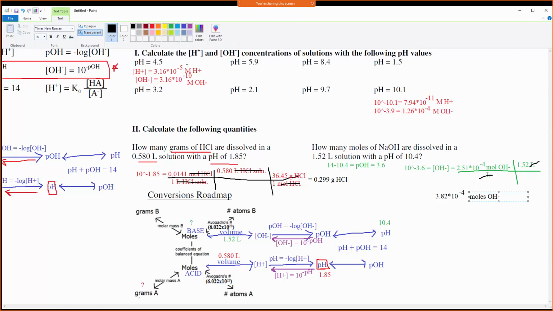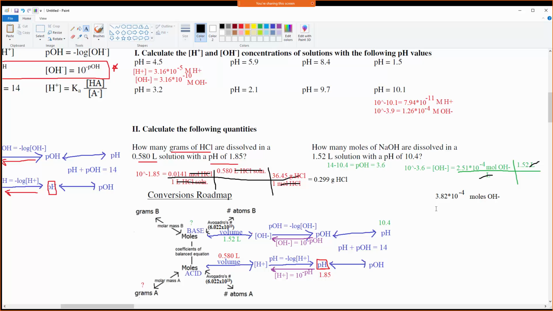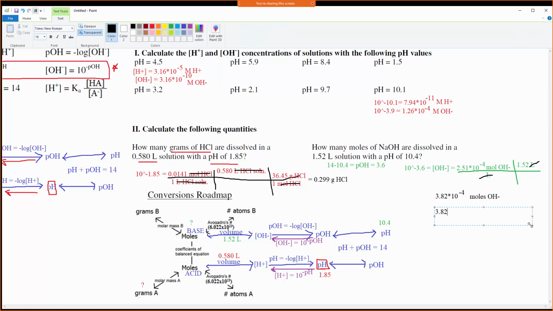Now technically it's moles of hydroxide because here we just went from the pH to the pOH to the hydroxide concentration. But because I'm using sodium hydroxide, it dissociates completely. 1 mole of sodium hydroxide is going to give me 1 mole of hydroxide. Then I can basically say that is the same thing as 3.82 times 10 raised to the negative 4th moles of NaOH, right?